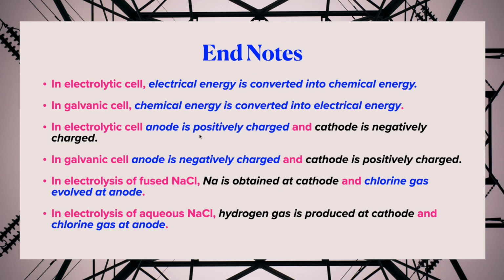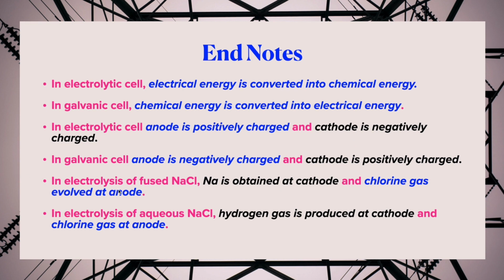So you have to remember the electrode at which oxidation takes place is anode. And in electrolytic cell, cathode is negatively charged, but in galvanic cell, cathode is positively charged, but in both these cells, reduction reaction takes place at cathode.